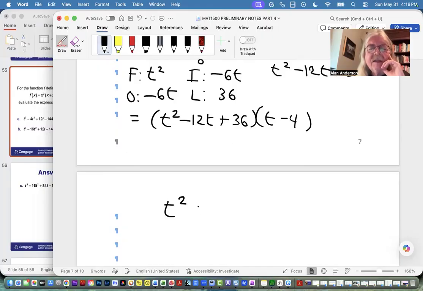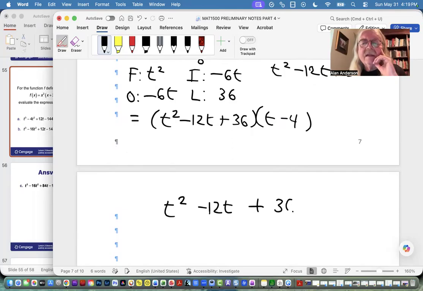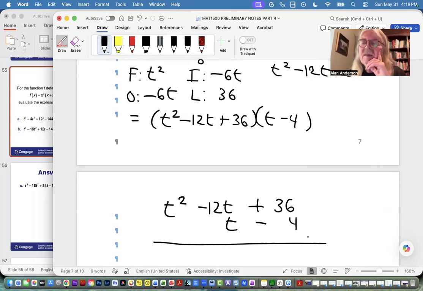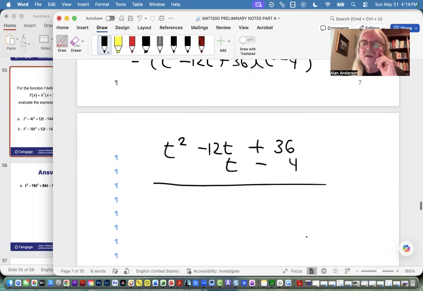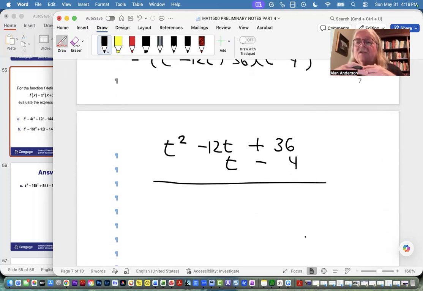I think a lot of people have been shown how to do this in different ways. And it looks like the way I was taught to do this may not be the way you were taught. When you have something like this, you're multiplying two polynomials. You line them up and you basically go through them one at a time.